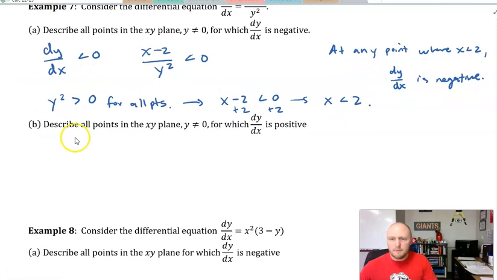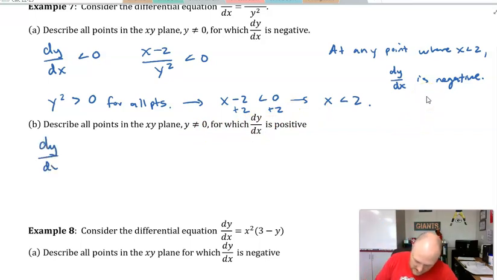All right, B. Describe all the points in the xy plane, y not equal to 0, for which dy/dx is positive. Okay, so now they want dy/dx to be greater than 0. Well, again, since y squared is always positive, that means that x minus 2 must be greater than 0.